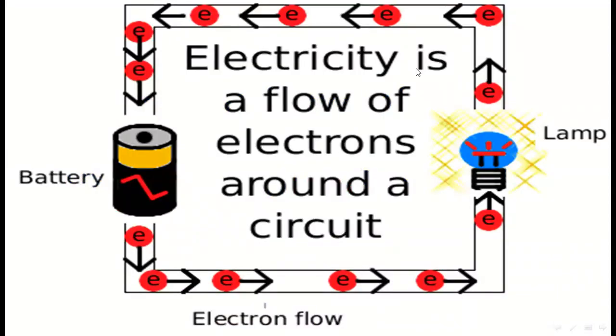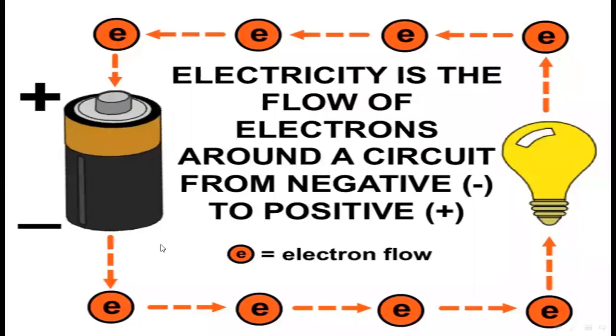Here you see electricity is a flow of electrons around a circuit from negative to positive.